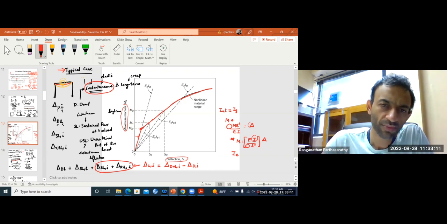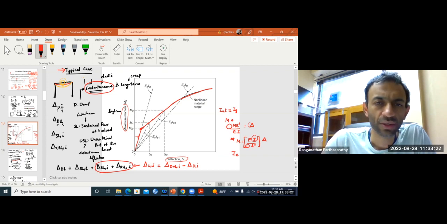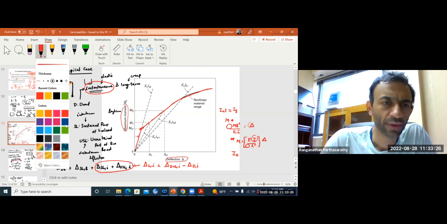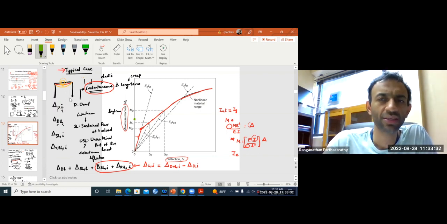So in the first case, let's say that your dead load generated somewhere here. Your dead load caused a moment that is somewhere here. This is the moment caused by just dead load.